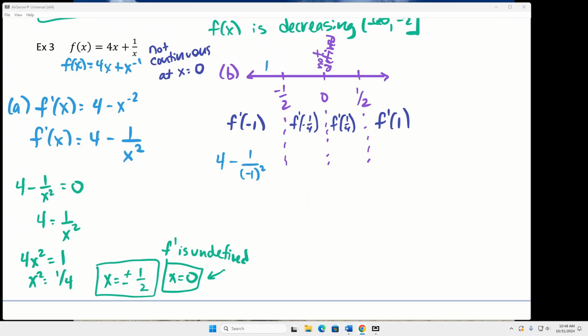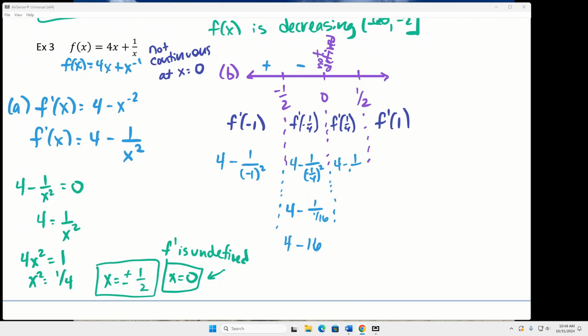So 4 minus 1 is definitely a positive. This one I might need to do a little bit more to figure it out. So when I square -1/4, I'm going to get positive 1/16. And then to divide by that, I basically just do the reciprocal. So that's a negative in that section.